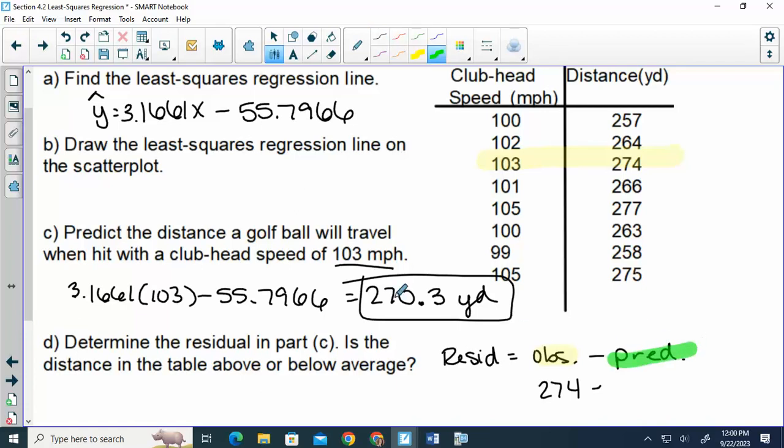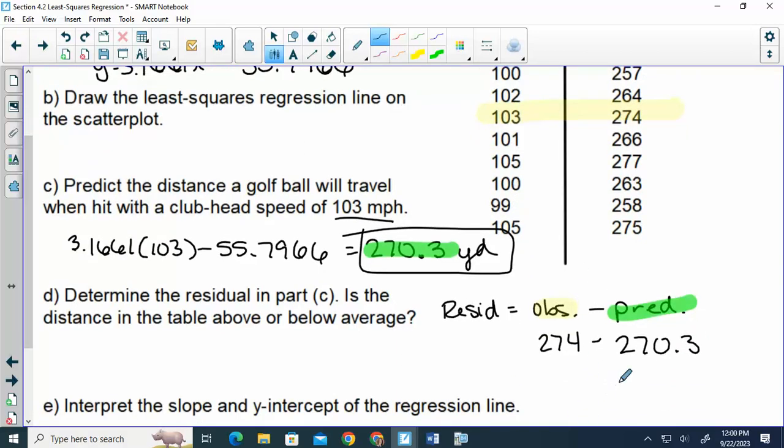Predicted is what we got from the equation. So 274 minus 270.3 gives me a residual of 3.7 yards. So my prediction was 3.7 yards higher than the actual value.